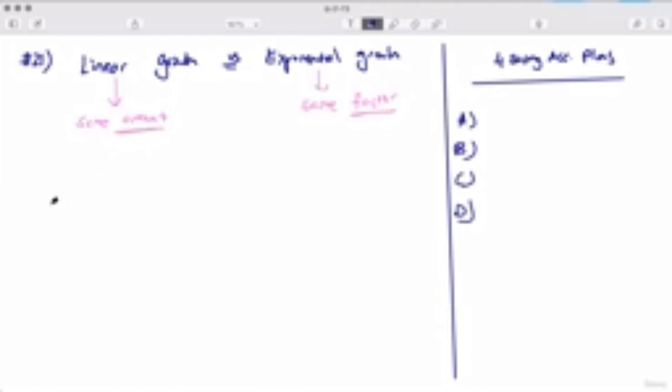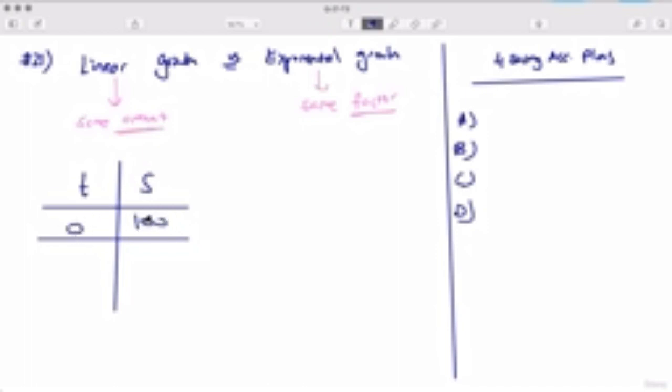For instance, we start at time 0, this is our saving, we start with $100. Now next year, a year passes.